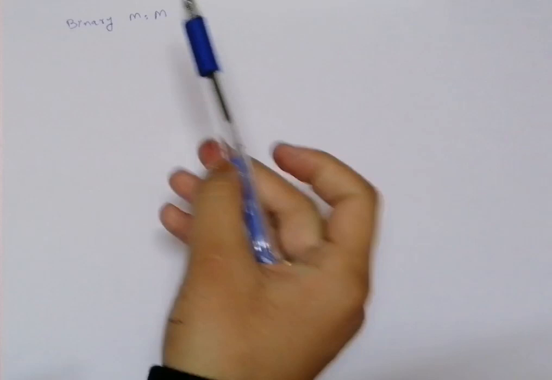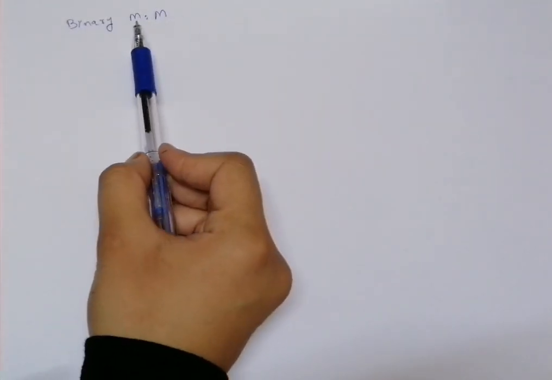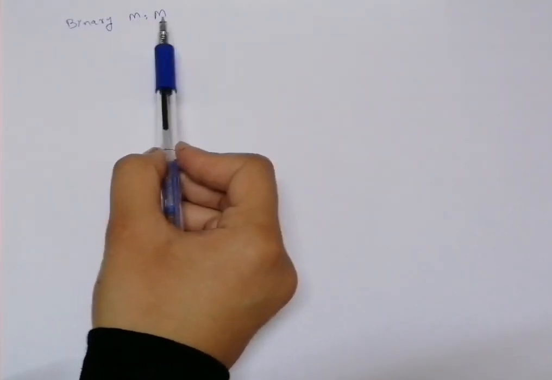Just a reminder: whenever we have binary one-to-one, we look for the participation constraint. Otherwise we don't look for participation constraints. Just as you have seen that in binary one-to-many I haven't bothered about the participation constraint, the same I will not look into whenever I deal with binary many-to-many relationships.